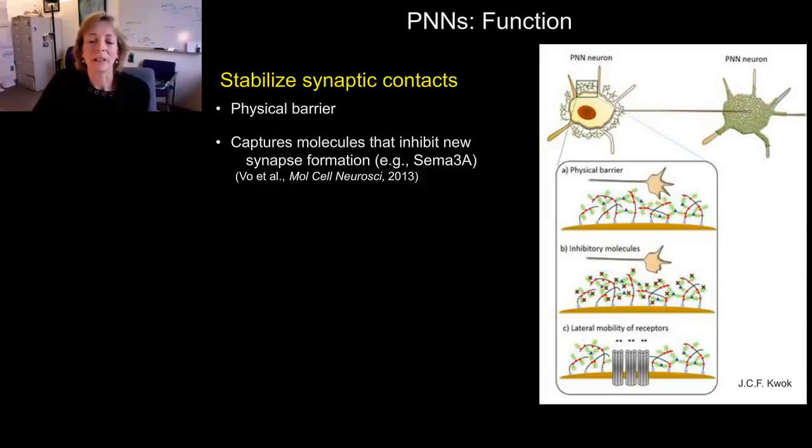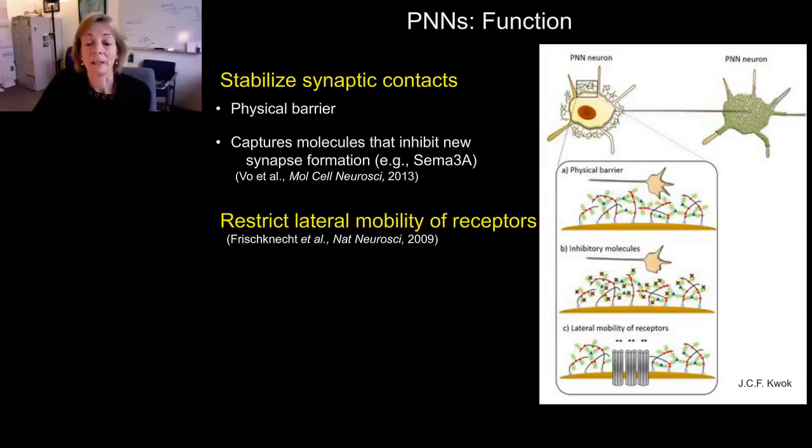And interestingly, shown in B, these nets also capture inhibitory molecules, shown as little X's placed on the net. An example of this that's been studied the most to date is semaphorin 3A, a chemorepulsant agent that keeps new synapses from forming or new synaptic inputs from coming in.